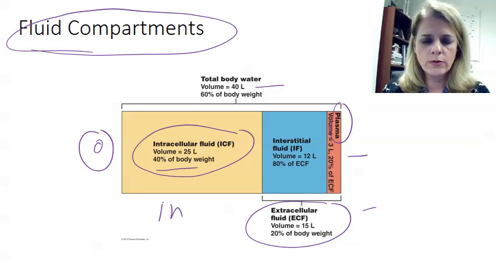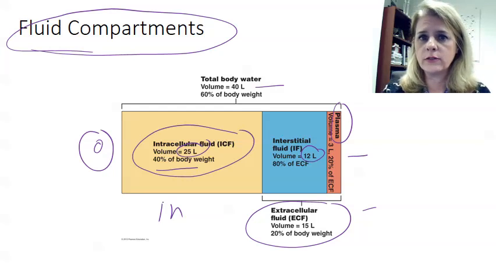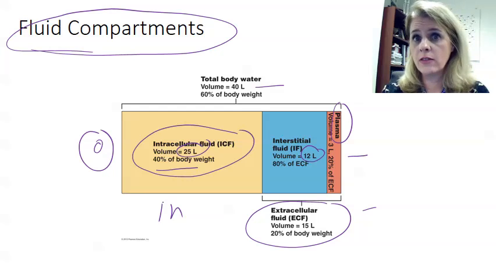So about 40% of your body weight is actually fluid inside your cells. You have about 25 liters of fluid inside your cells, about 12 liters of fluid that surrounds and bathes your cells, and about 3 liters of fluid inside your blood.